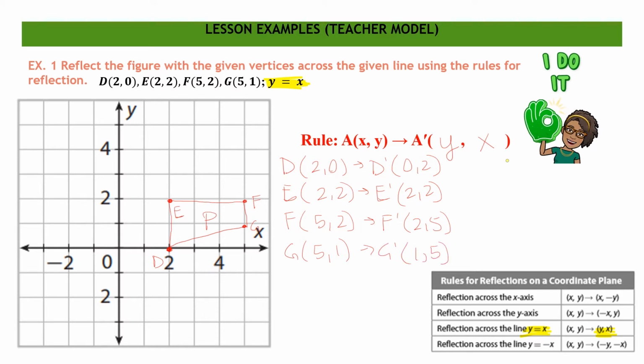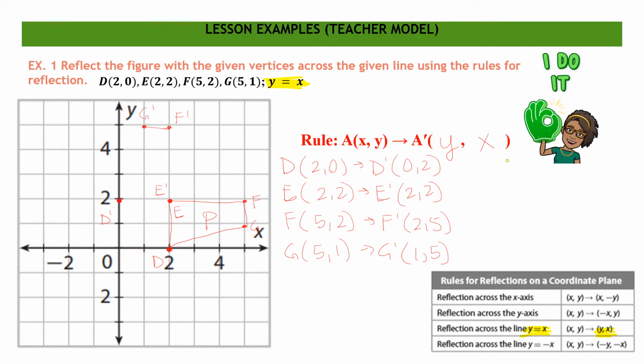So I'm going to take all these points that I just applied the rule to and then go ahead and graph them in the coordinate plane. So I have D prime, which is 0, 2, so that's going to be here. E prime, as you can see, is the same point, so that doesn't change. F prime is 2, 5, so that's up here. And then G prime is 1, 5, and that's here.